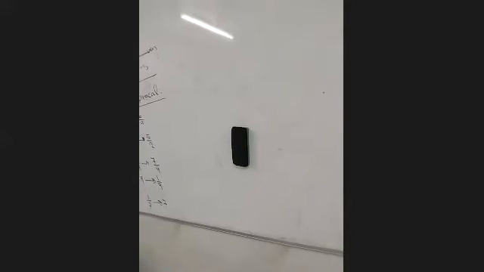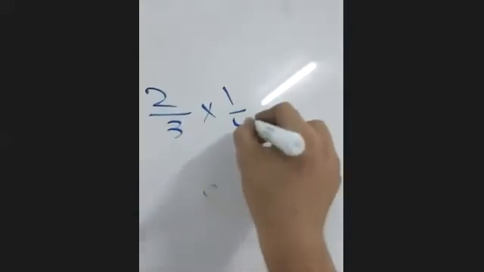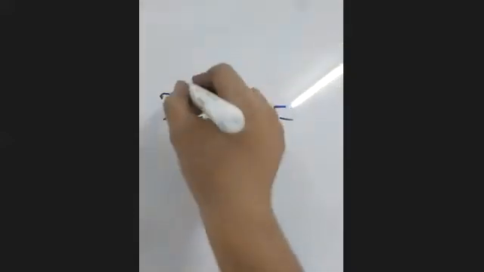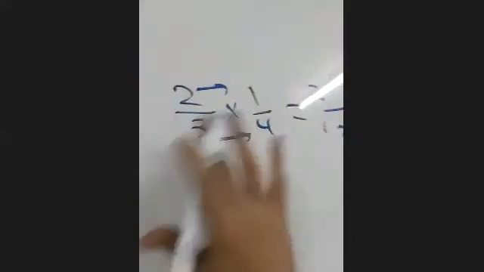Now, look here, guys. I want to do something here. How do we multiply two fractions, like 2 over 3 multiplied by 1 over 4? We multiply up and down. 2 times 1, 2 over 12, normally. So here, what I will do is multiply these fractions with their reciprocals.